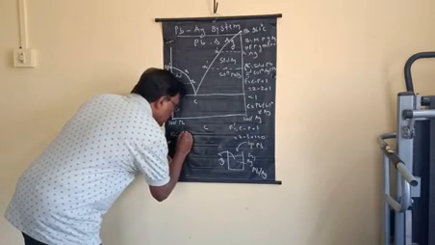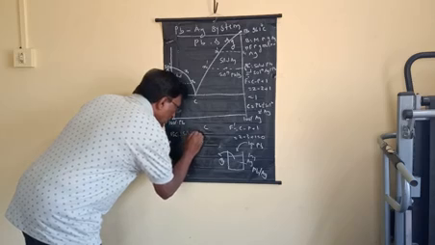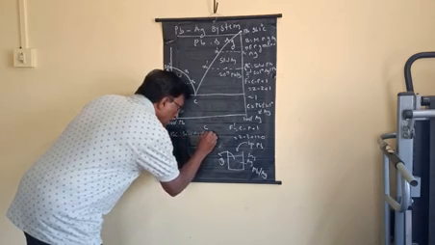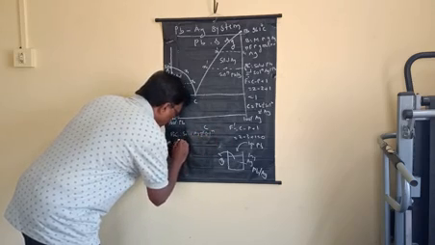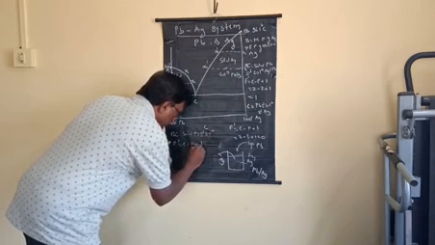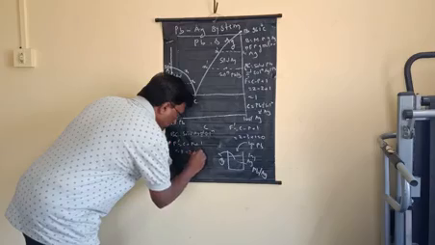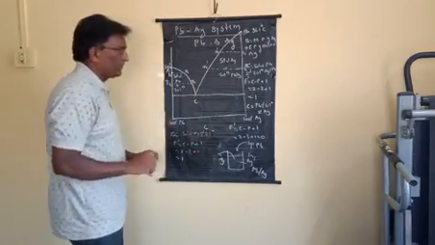Now along this curve BC, two phases are in equilibrium, solid Ag and solution, and therefore according to the reduced phase rule, the system is univariant.